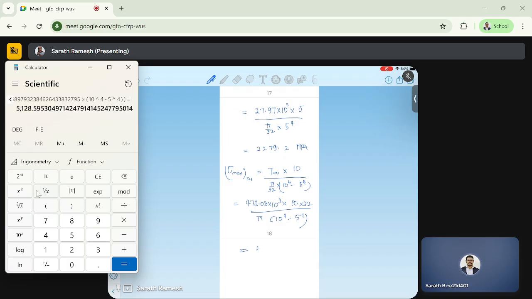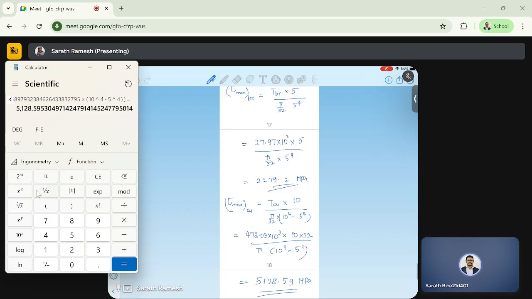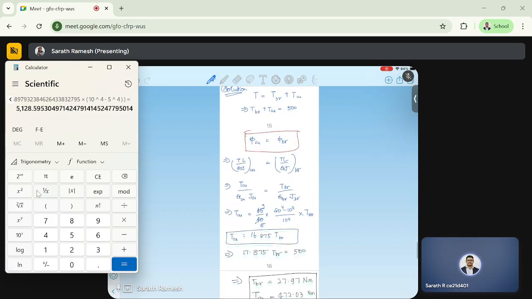Okay, 5128, this is quite high. It's because maybe the values which I have taken are not practical. Okay, so fine. So this is how we compute the shear stress.